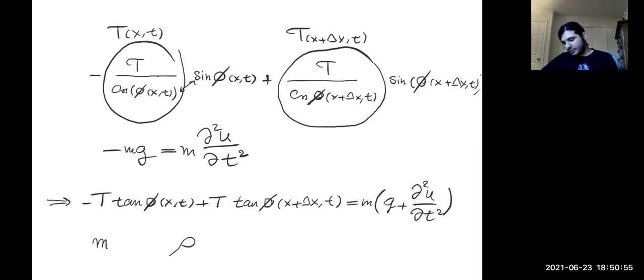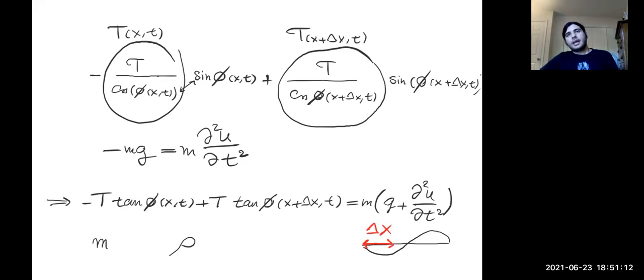So I would define rho in this way. Look at the string and consider some length, say delta x.